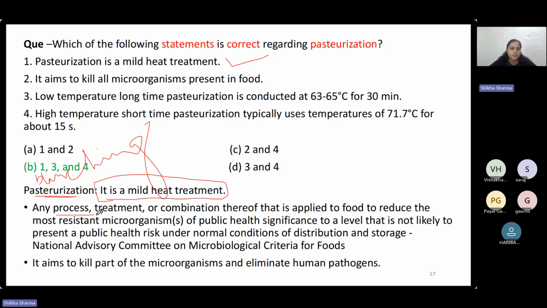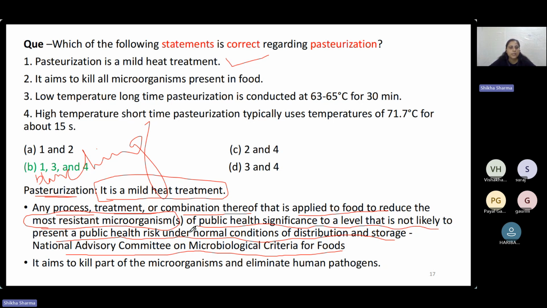Pasteurization is basically any process, treatment or combination thereof that is applied to food to reduce the most resistant microorganism of public health significance to a level that is not likely to present a public health risk under normal conditions of distribution and storage. This definition is set by the National Advisory Committee on Microbiological Criteria for Foods.